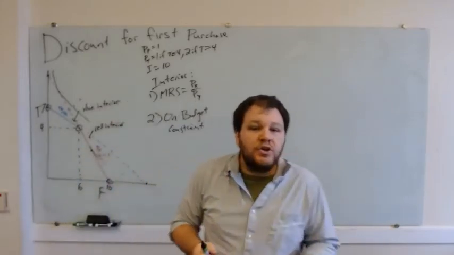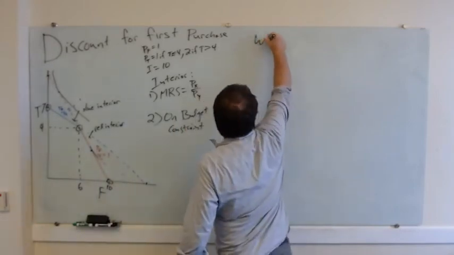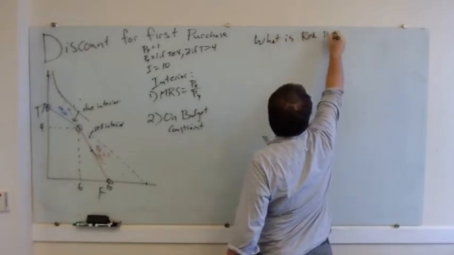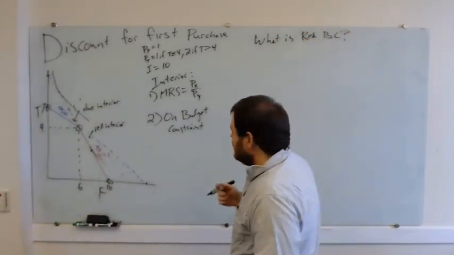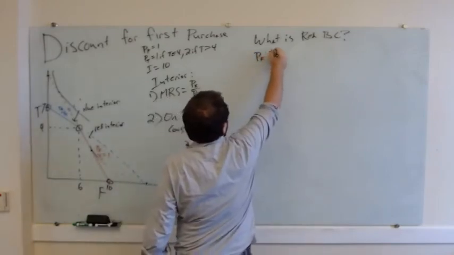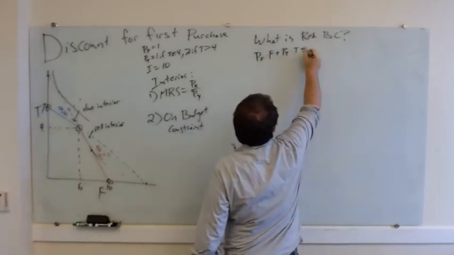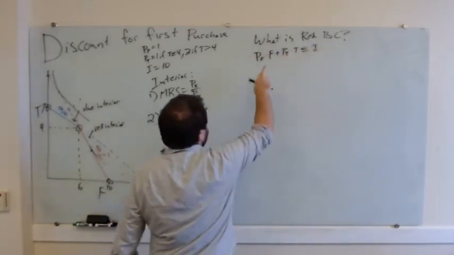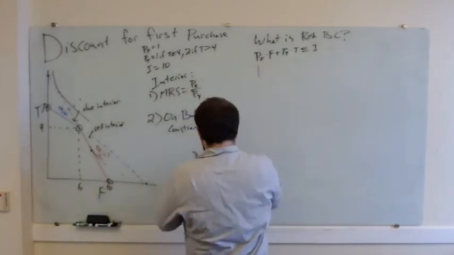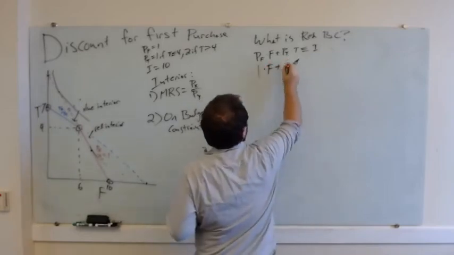Okay, cool. So let's figure out what our red budget constraint should be. We know the prices. It has a form that looks like PF times F plus PT times T is less than or equal to I. In the red part, our prices are 1 and 1.